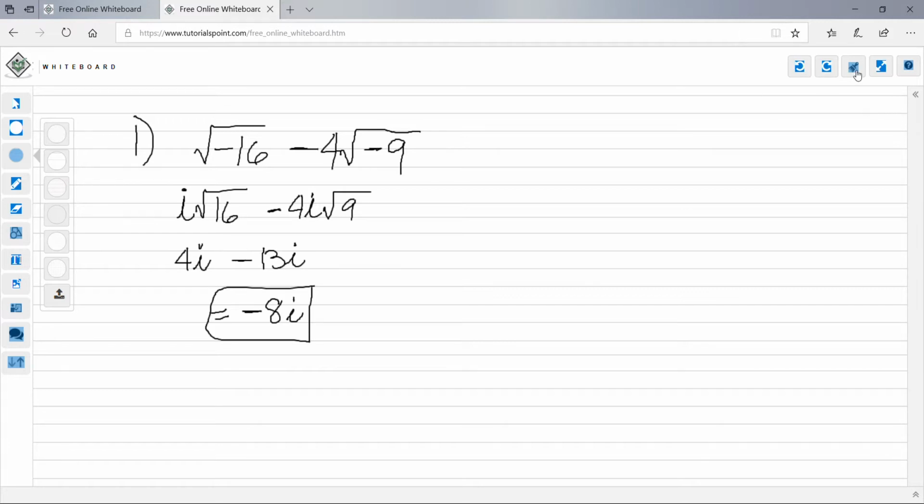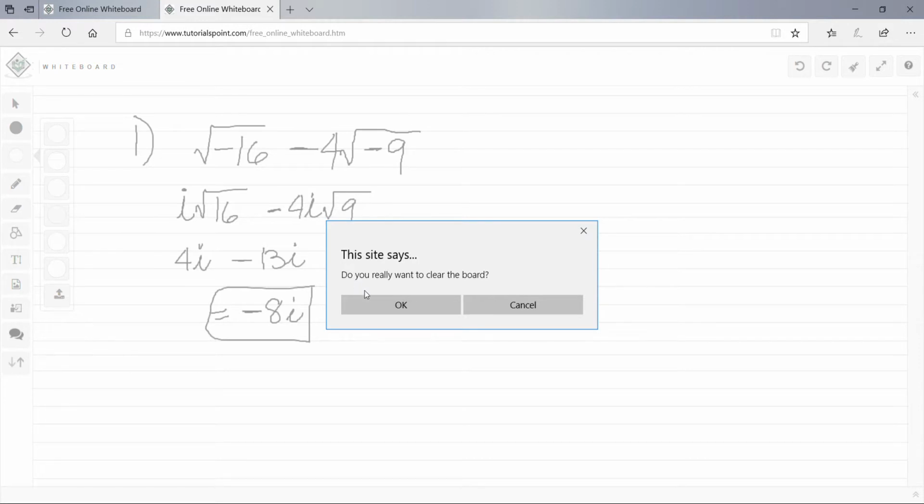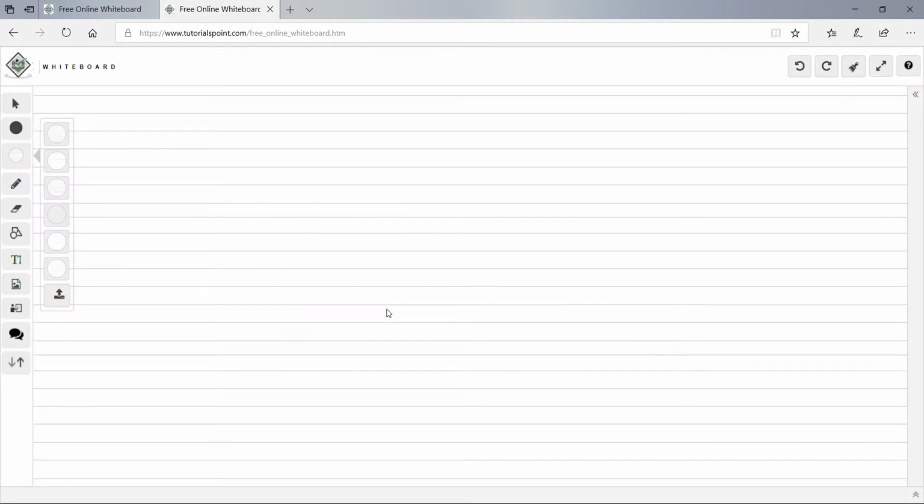And then I'm going to clear the board. Okay, next problem. So we have negative square root of 16 times square root of negative 9. Like the last problem, we can't have a negative inside the square root.